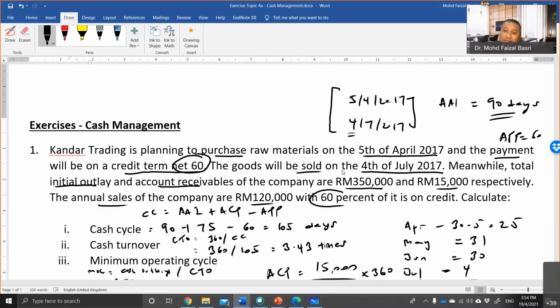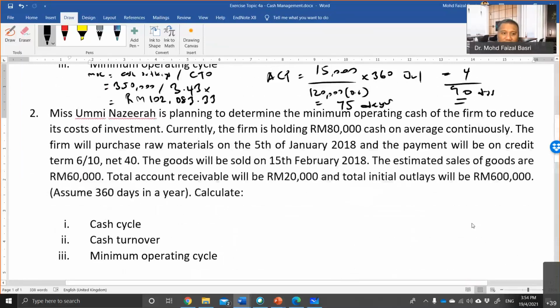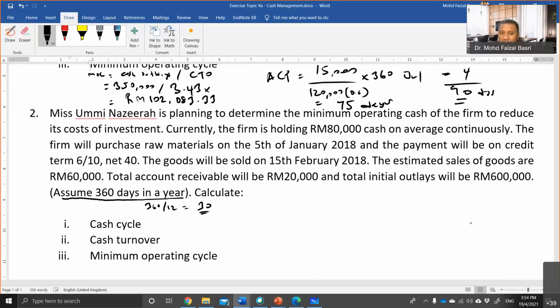The actual number of days means the month of April, for example, is 30, the month of May, 31, and so on. But for the second question, they give us an assumption. They ask us to assume 360 days in a year. So when we set 360 days in a year, meaning we divide by 12, you're going to have only 30 days per month.